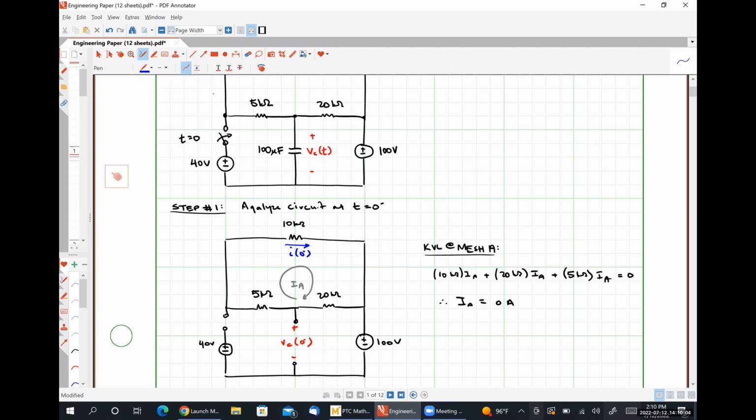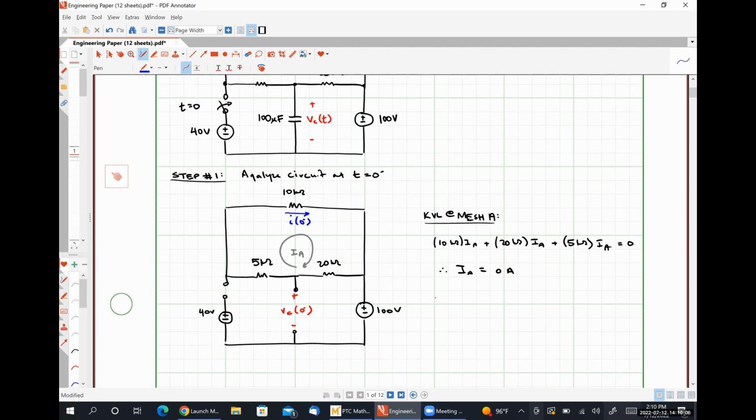And from this, we can say that I at 0 minus, which is the same thing as our mesh current IA, is also 0 amps. Does anybody have a problem with that analysis?